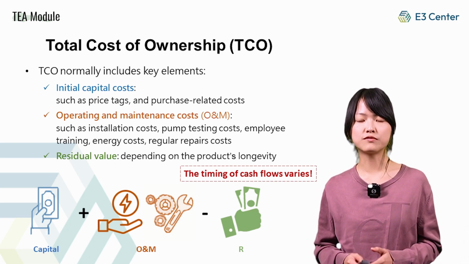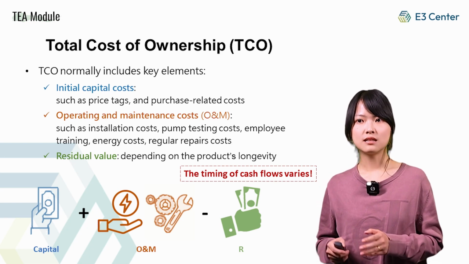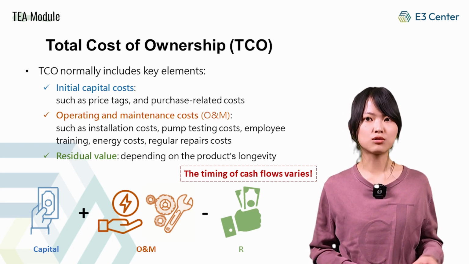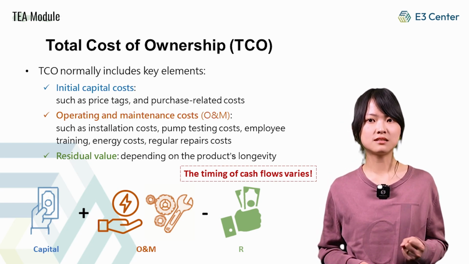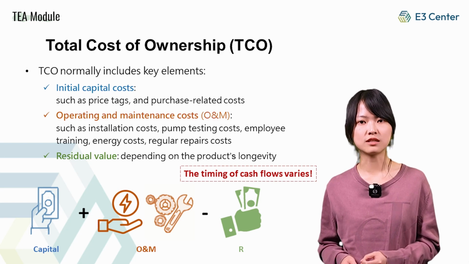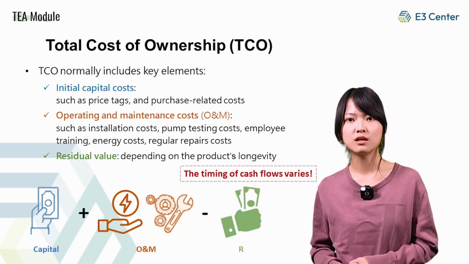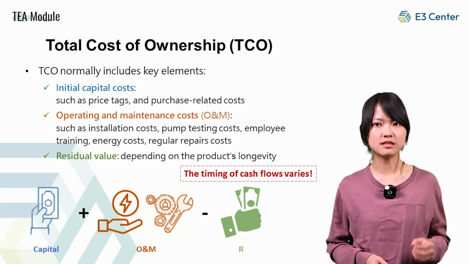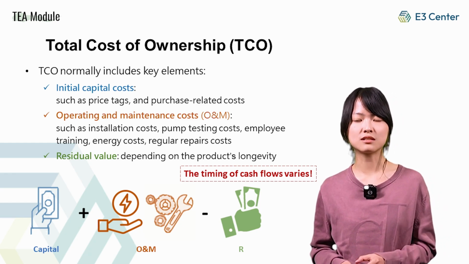There is no universal model for calculating TCO, as it varies significantly across the different sectors and the products. Understanding TCO can help a business in making more informed purchasing decisions by considering long-term cost implications rather than just the sticker price. This is very crucial for budgeting and the strategy planning.